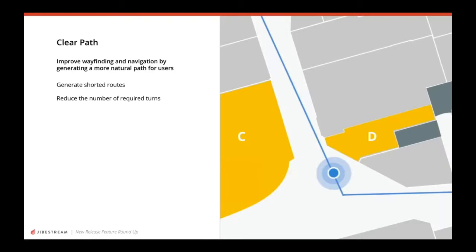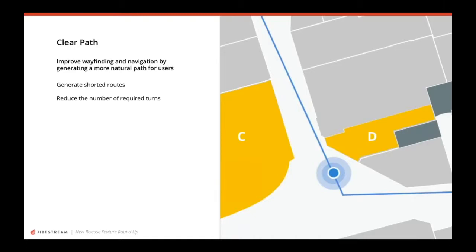Okay, so next is ClearPath. We've had a wayfinding algorithm in the platform for some time, but this is actually an improved algorithm that's optional to turn on and off via the SDK. It creates a natural and intuitive walking path, and most importantly, it decreases the number of steps and instructions given to the user if you're using text directions.